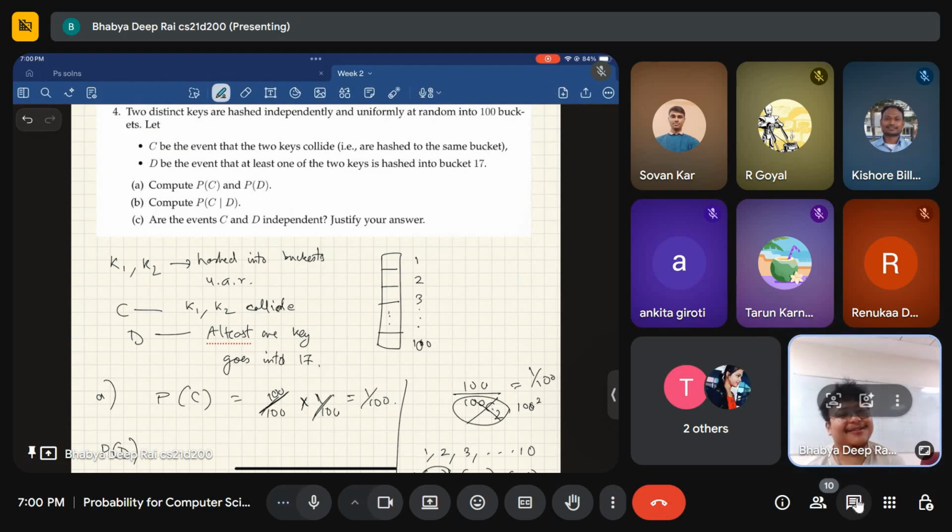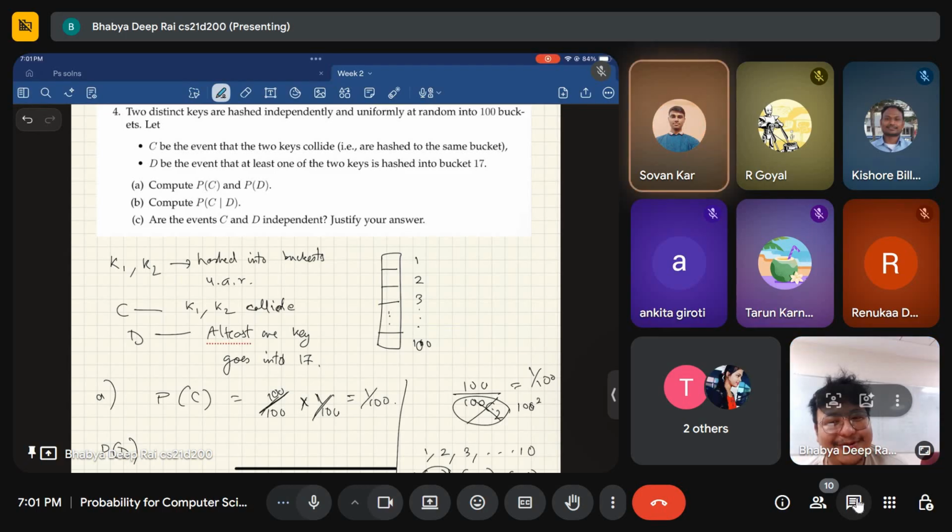Sure, but you can break it into an even simpler problem. You said both are going to 17, or exactly one of them is going to 17, right? That's what is meant by at least. Yes, sir.